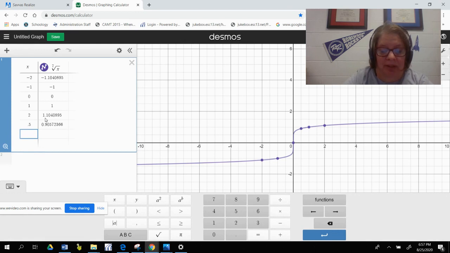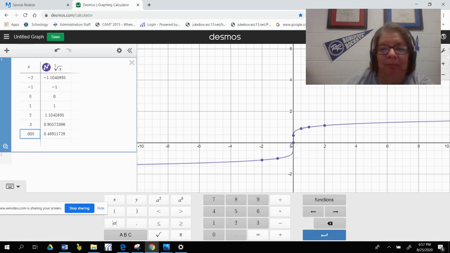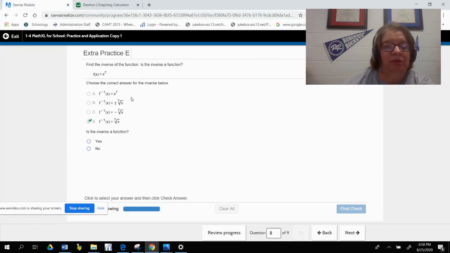And what about 0.005? Okay, see how these are different? I was wondering if these points were the same, but they're not. They're just very tiny decimals. So yes, it is a function. It passes the vertical line test.